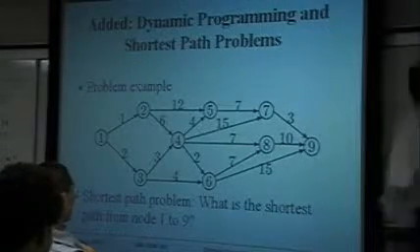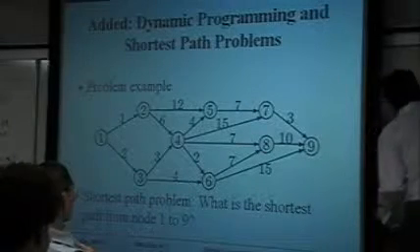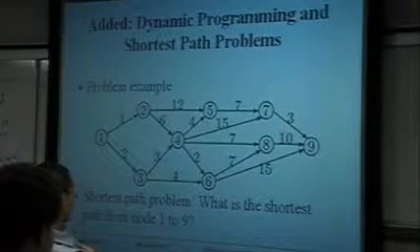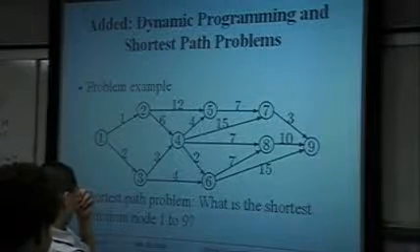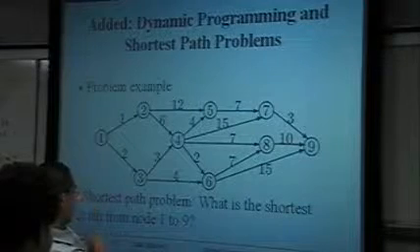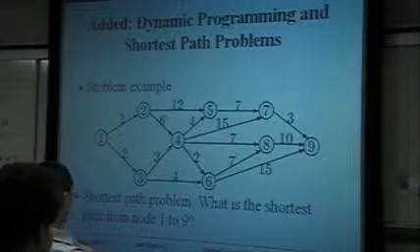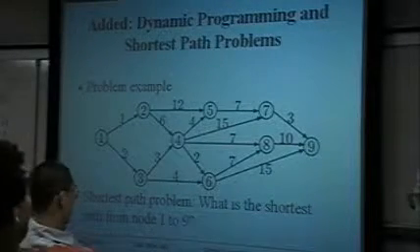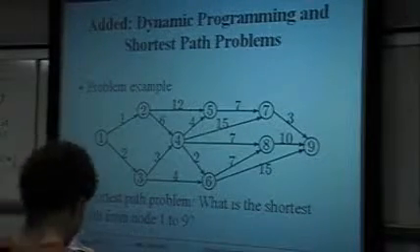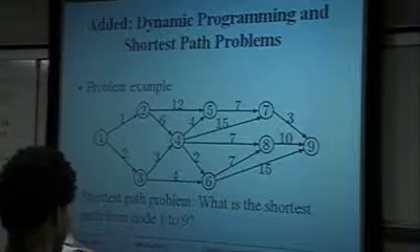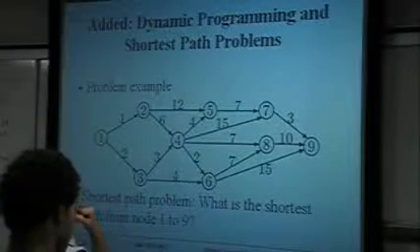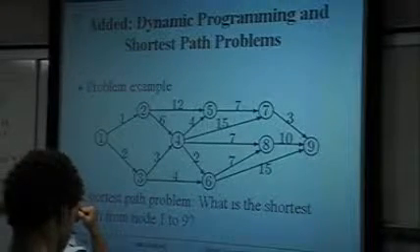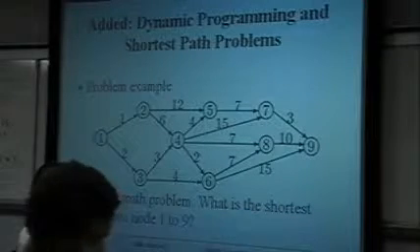Before we do that, we must talk about how we can represent such a map in mathematical form or in Matlab. From node I to node J, there is a path. We call it Wij.